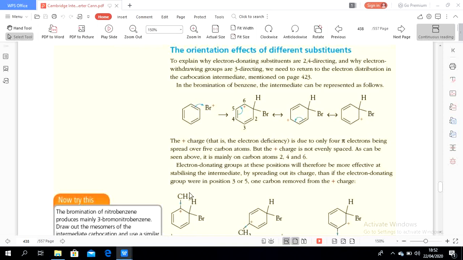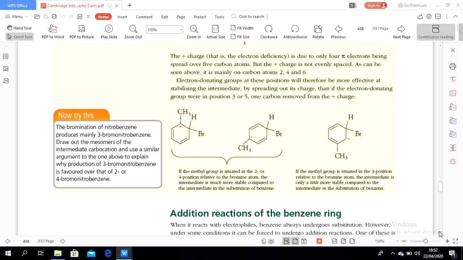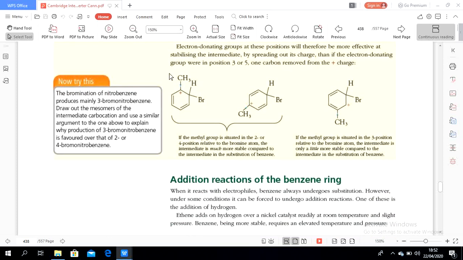In here, this is a different condition. What does it mean, different condition? In the top one, only one type of functional group, and it is bromine. But in here, there is a methyl, and there is this one, bromine.